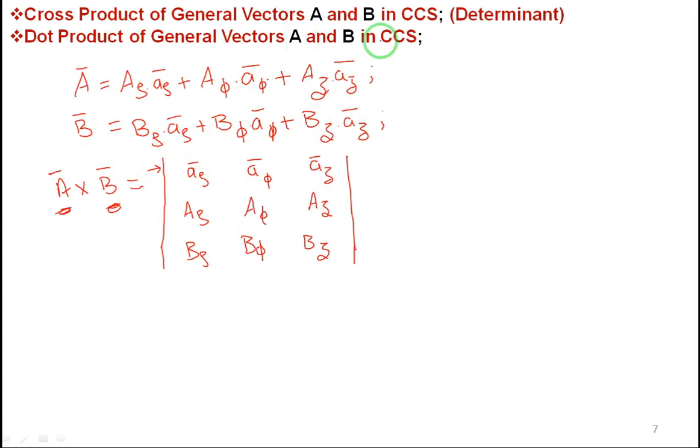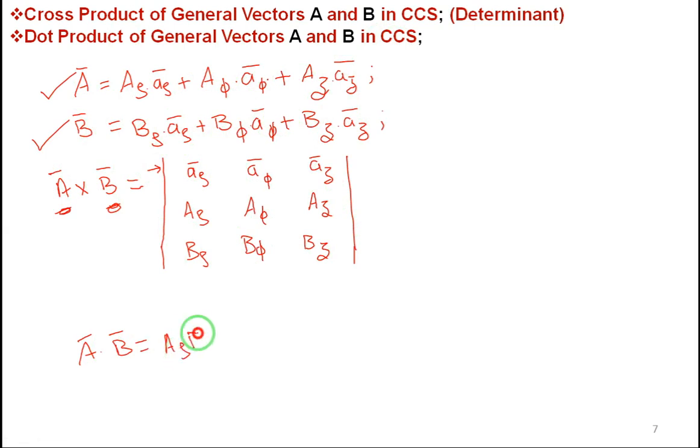Then the dot product of general vectors a and b in cylindrical coordinate system. Yes, once again it is the same. Vector a I have, vector b I have. Next I want to take the dot product of vector a and vector b. Just multiply their components, just like what we have done: ax bx, ay by, az bz.